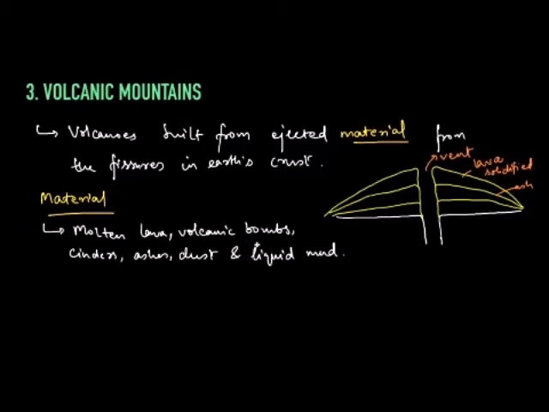So this magma will flow depending on the type of magma that it is. If it's an acidic lava, because of its viscous nature, it will solidify rapidly. Then it will form a mountain. So that mountain that is formed is called a mountain of accumulation, while fold mountain is called a mountain of elevation. Any other mountain that is caused by erosion is called a mountain of denudation.